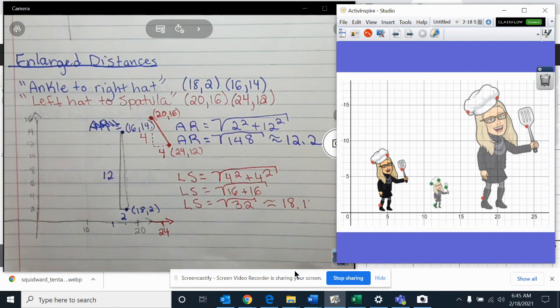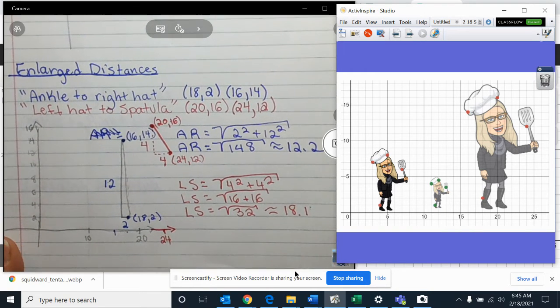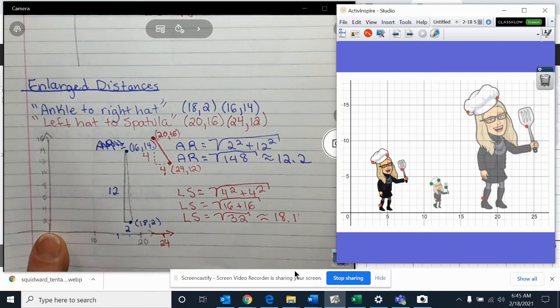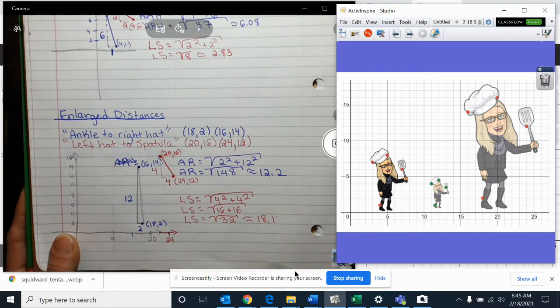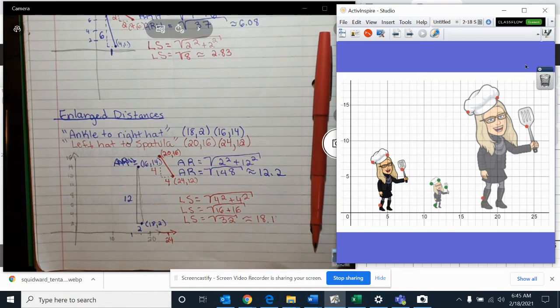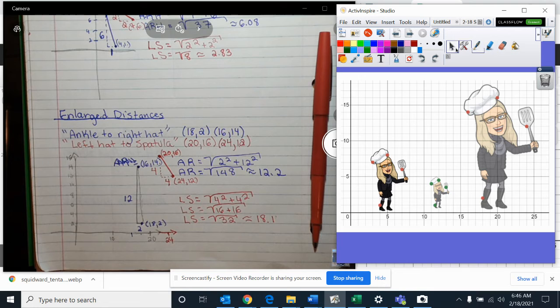Okay, so what we should be able to do from here is look at how these values compare to each other. And so if we looked at the original distance, so if we looked at specifically the distance from, I'm going to highlight these lines.